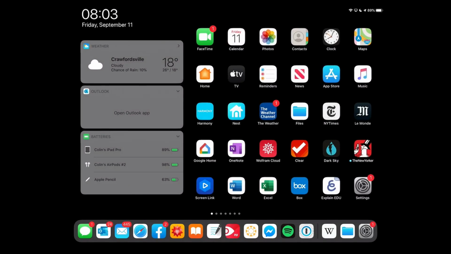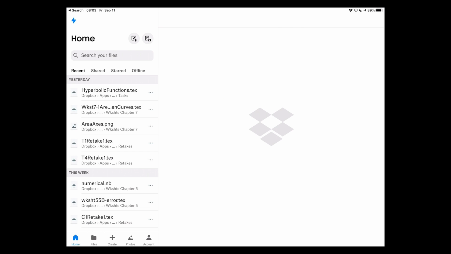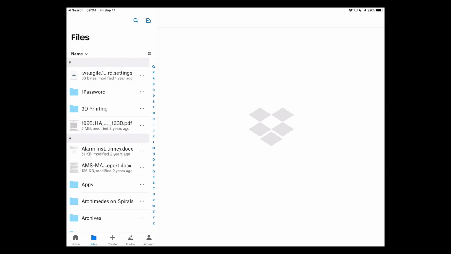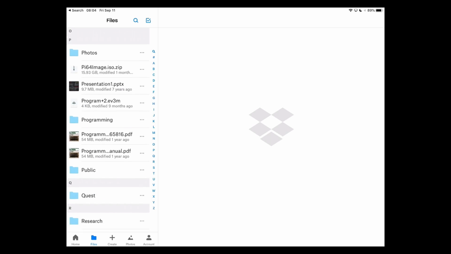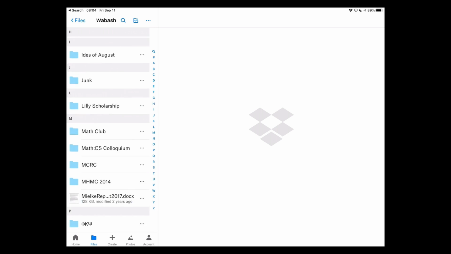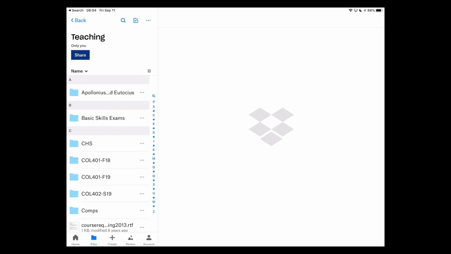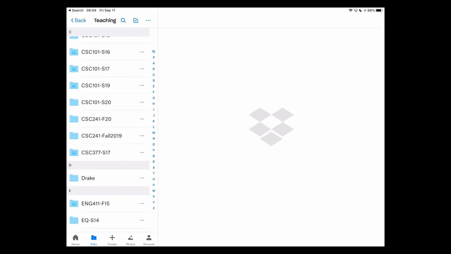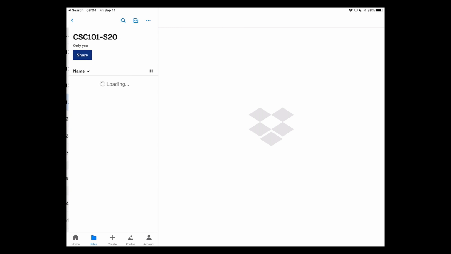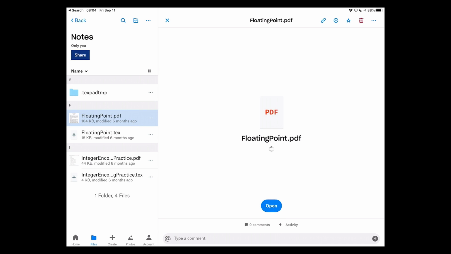Oh, all right, let's do it that way. We want to go to files, Wabash, Teaching, CSC101, Spring from 20, I think is where I've got this. Notes. Floating point.